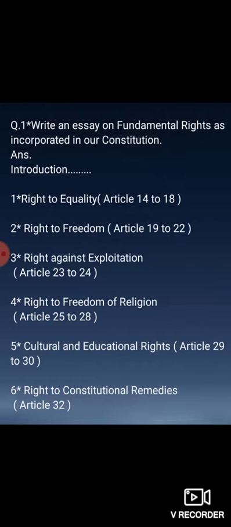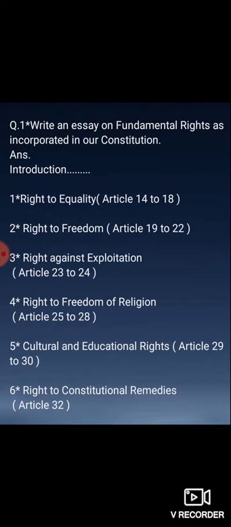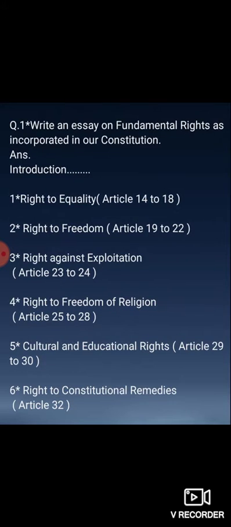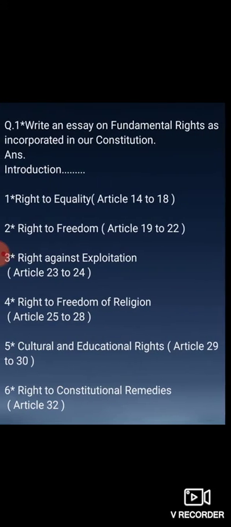The Constitution of India recognizes the dignity of the individual and protects him against any form of exploitation either by the state or by the privileged. Privileged means special rights, a person who has been provided special rights, privileged classes in the society.